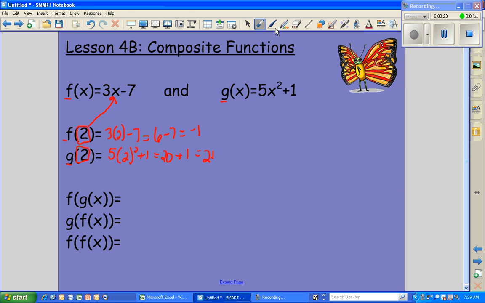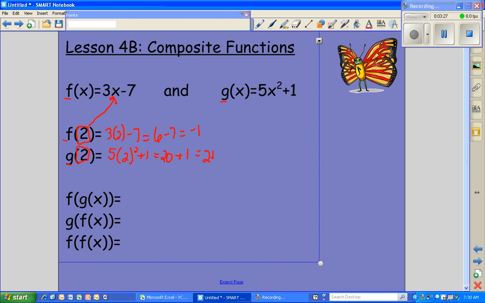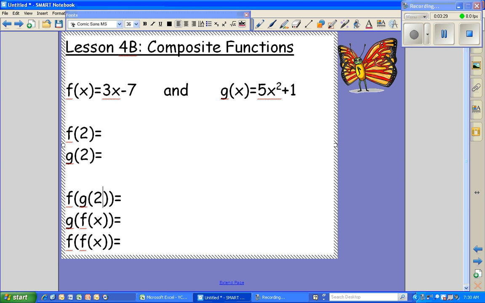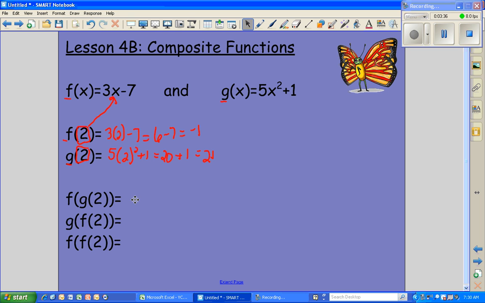All right, so now I have these two answers. Working with the number concept, and not with just generic functions, we'll do that in a second. If I tell you to find the composite function f of g of 2, then you are going to have to start with the 2 and plug it into the g. Well, we just did that and we got 21.